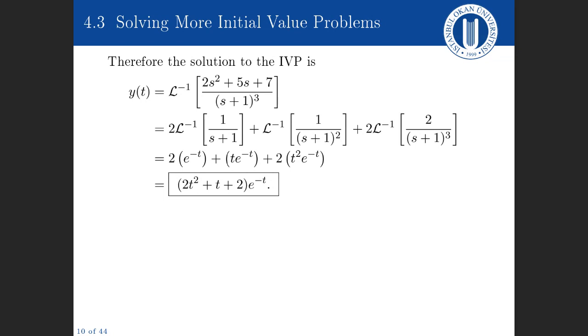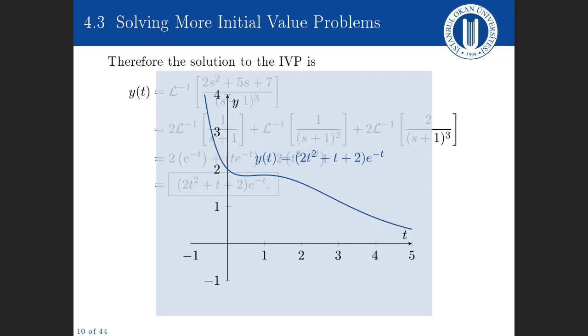Therefore, the solution to the initial value problem, I'll leave this for you to check, we can find is 2t squared plus t plus 2 multiplied by e to the power minus t. And again, I can show you a graph of this function.